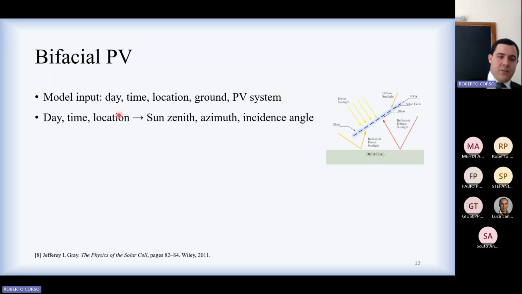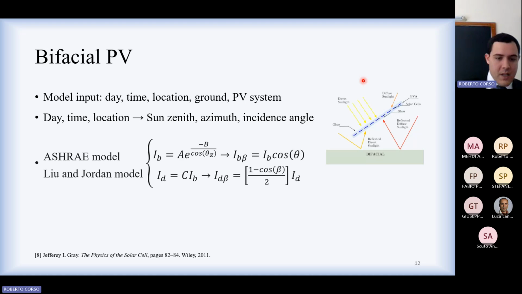The first step is to calculate the position of the sun from the time and location of the system. In particular, we are interested in the zenith and azimuth angles that define the position of the sun, and the incident angle of direct light from the sun to the module.